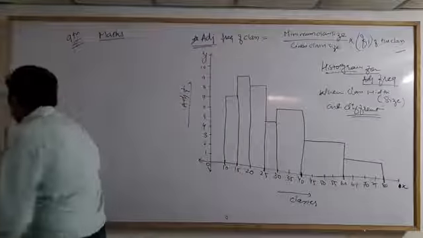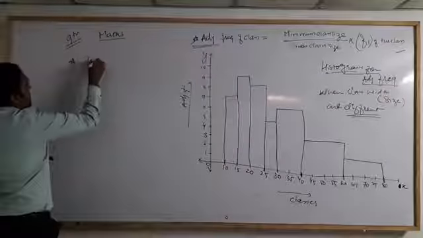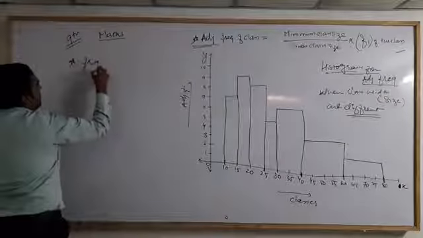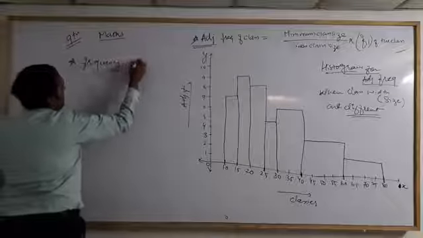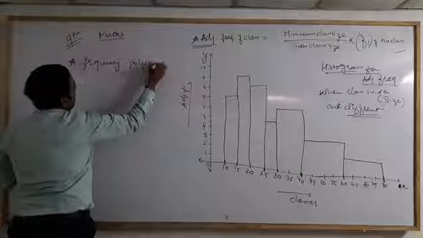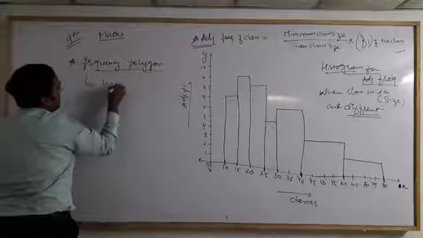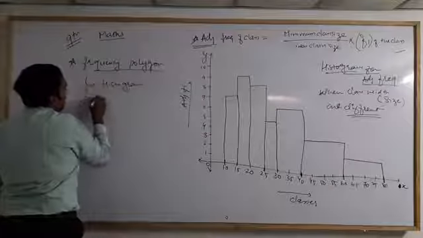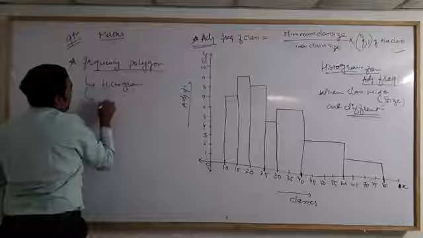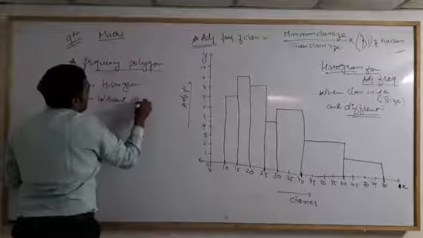We are learning about the frequency polygon with two types, first with histogram, and second without histogram.